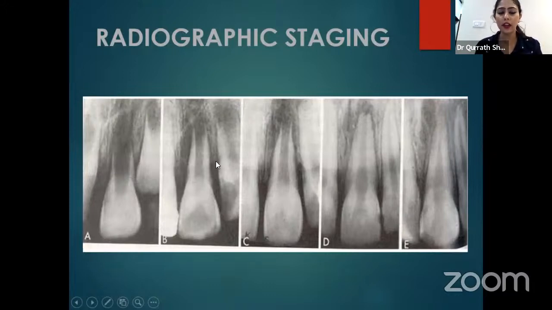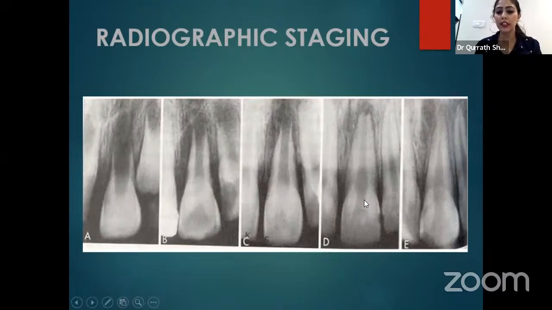In the second staging, again, your canal walls are very divergent, the apical foramina is quite wide, and the length of the root is again less than half of your actual root length. Then in the third staging, the canal walls are quite wide and very divergent, your apical foramina is again not formed and is quite wide, and the root has not even reached 2/3 of the actual root length.